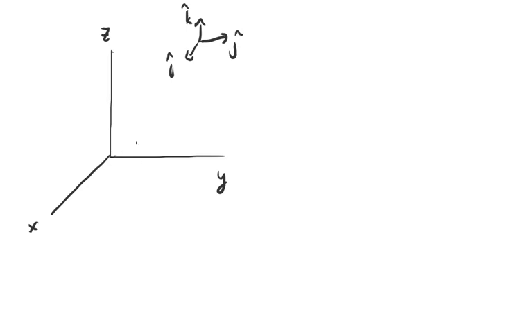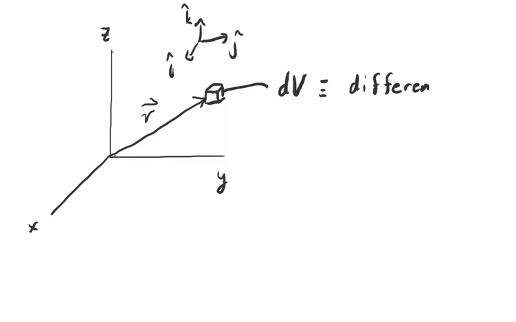So here's my position vector r. And at this point, there is a little small box, which we'll call dV. And this has a name. We'll call this the differential volume element. If we are going to do an integration in 3 dimensions, then really what we want to do is figure out how much volume is inside dV and just add up all of these little boxes throughout space.